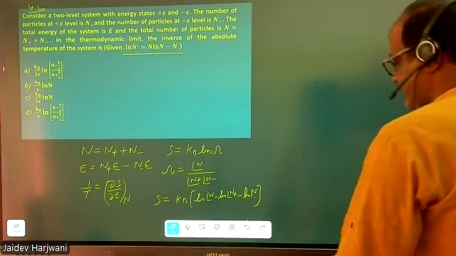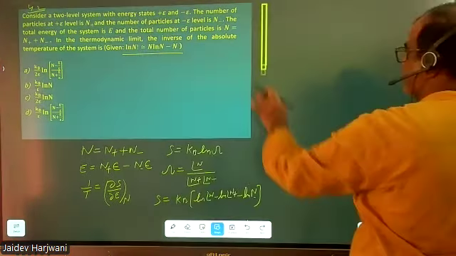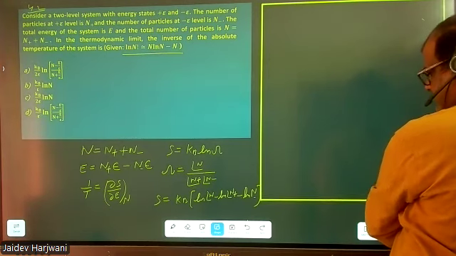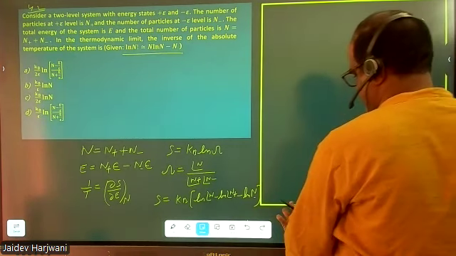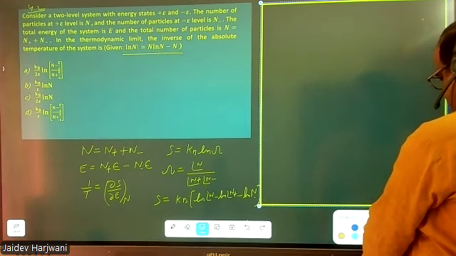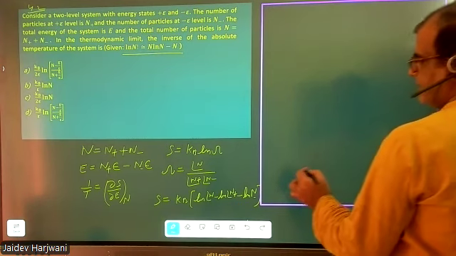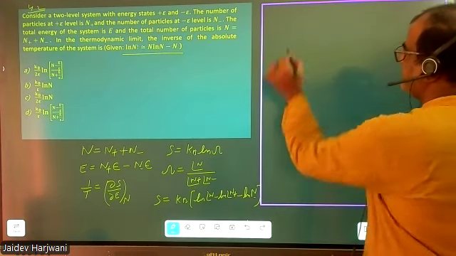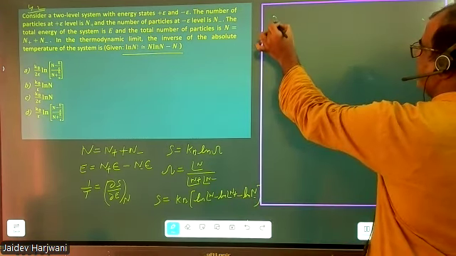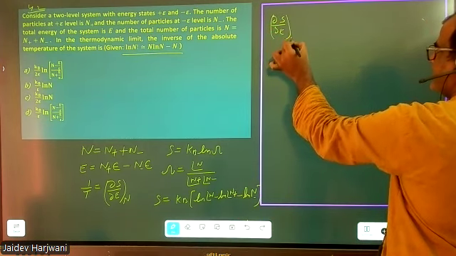Okay, so once I know this one, now I can solve this one. Now I have to differentiate this one. So del s upon del e, keeping n constant.